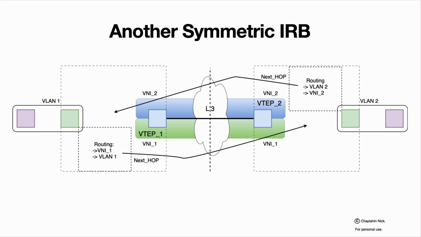So it is possible to have two tunnel VNIs between devices, one to transmit traffic east-west and the second to transmit west-east. But again, none of the interfaces participating in this functionality are members of the tunnel VNIs, except the VTEPs. That's it about symmetric.